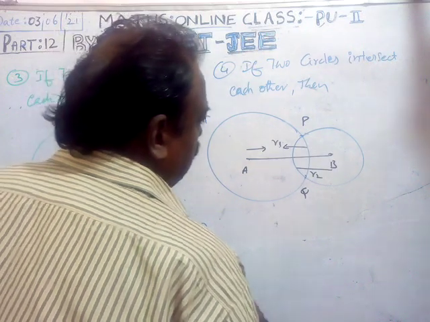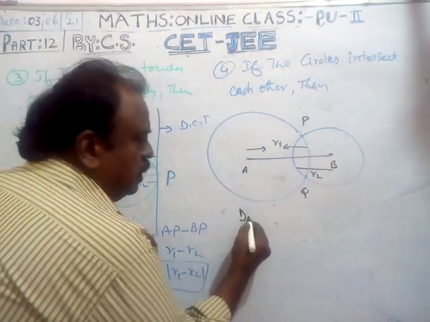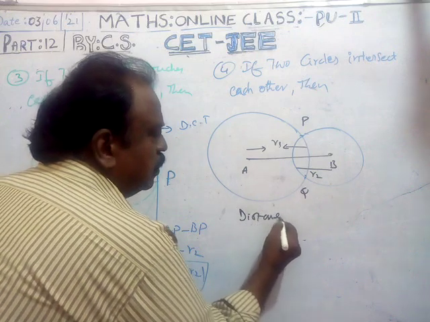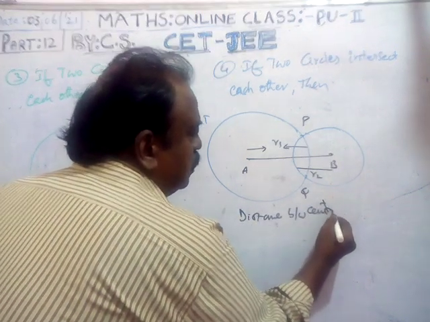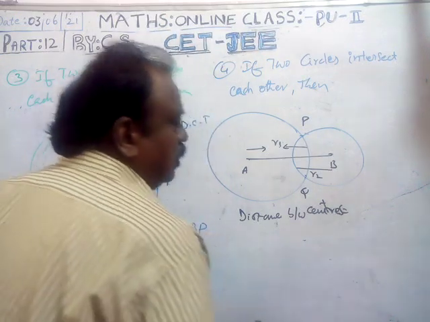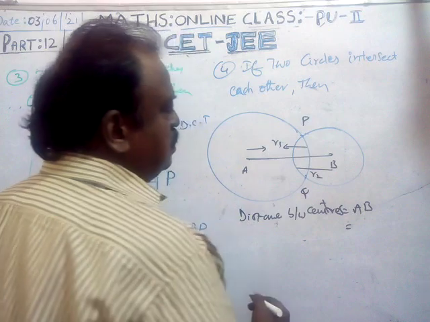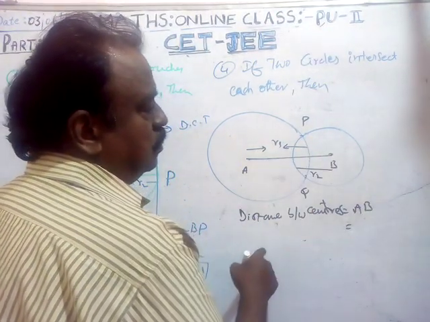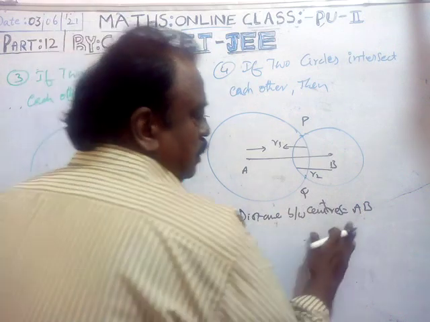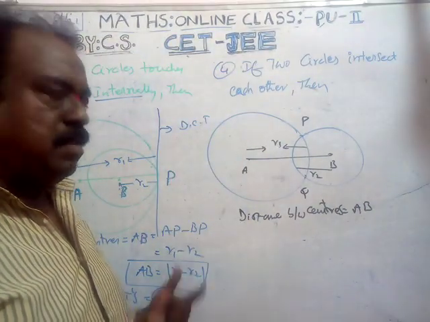Then be careful. Here the distance between centers is AB. How can you say what that AB is? It is a different one. We cannot say sum of radii or difference of radii.